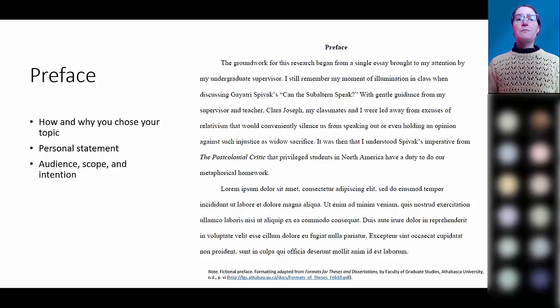For example, it could be a personal statement about the research's relationship to your background. It can also touch on who your intended audience is, as well as the scope and intention of your research. All of this can provide context to your readers so they understand the motivation behind the review. And the preface would be placed on the page after the abstract and would look something like this example.